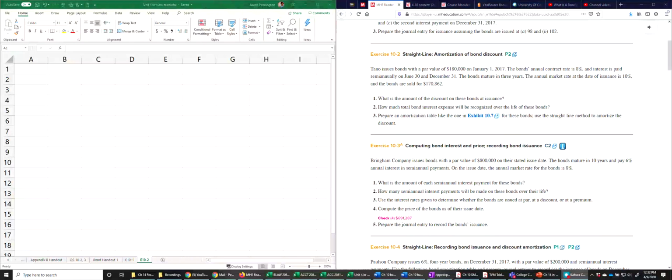We're actually going to prepare an amortization table as a proof. So let's look at exercise 10-2. TANO issues bonds with a par value of $180,000 on January 1st, 2017. The bond's annual contract rate is 8%, and interest is paid semi-annually on June 30th and December 31st.